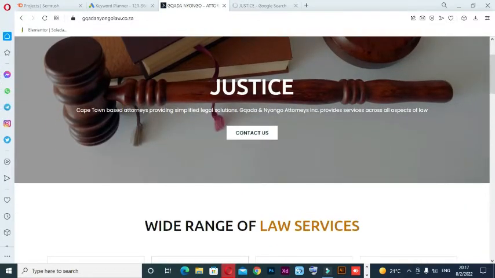Okay, then the first paragraph is also very important. I can say this part is so important in Google's eyes, or to Google's spiders when they are crawling the website. They need keywords like, let's say, Cape Town-based attorneys could be here and here.